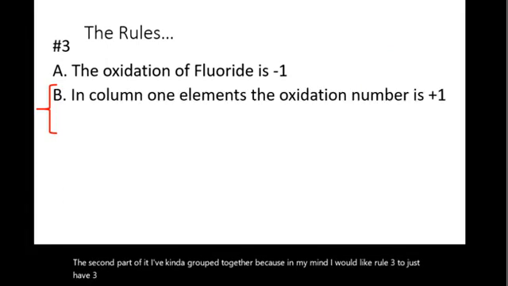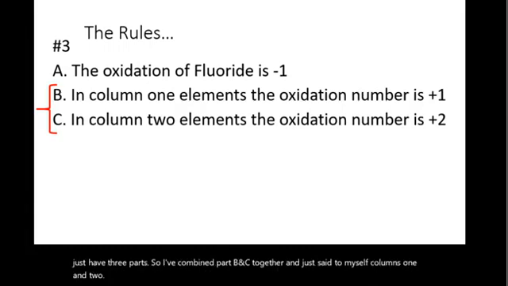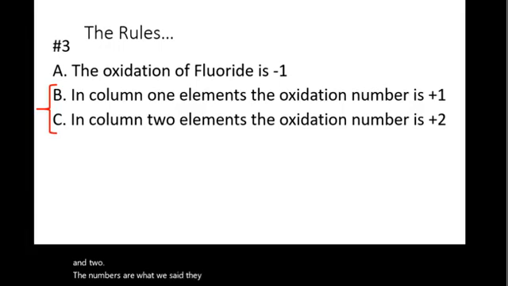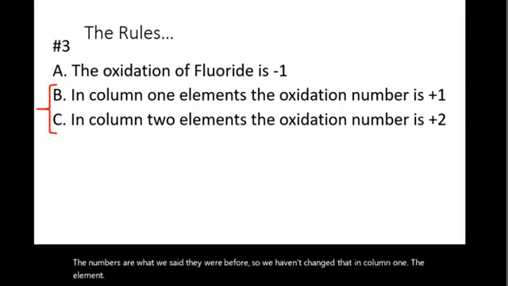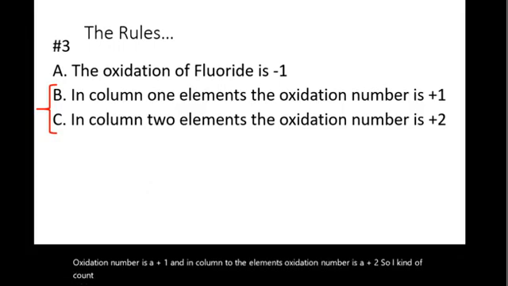So I've combined part B and C together and just said to myself, columns 1 and 2, the numbers are what we said they were before. So we haven't changed that. In column 1, the element's oxidation number is a +1. And in column 2, the element's oxidation number is a +2. So I count that together as just one thing, that columns 1 and 2, their oxidation numbers are, in fact, 1 and 2 in that order.